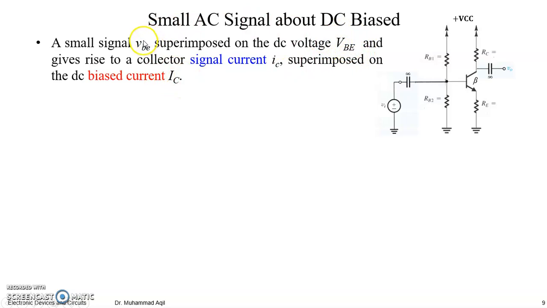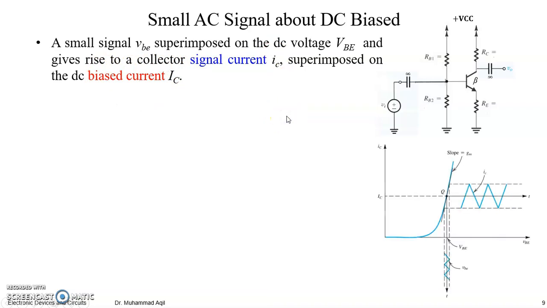And if you insert an AC base to emitter voltage, it is superimposed on this DC biased voltage, right? That's what I called AC about DC. So will be the collector current. We have a signal current against this input signal voltage at the collector, which is also superimposed on the DC biased collector current.